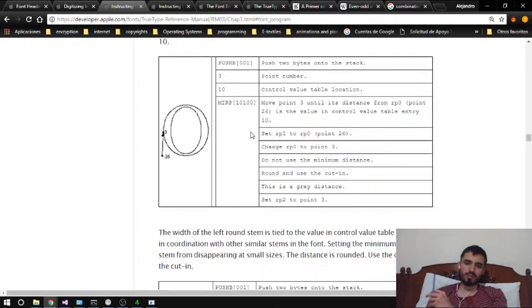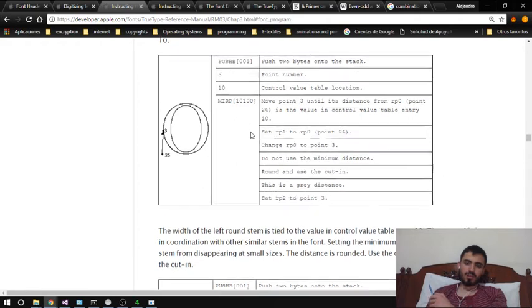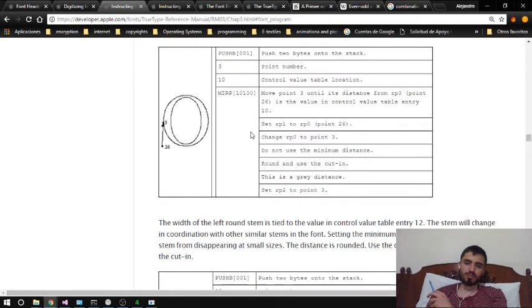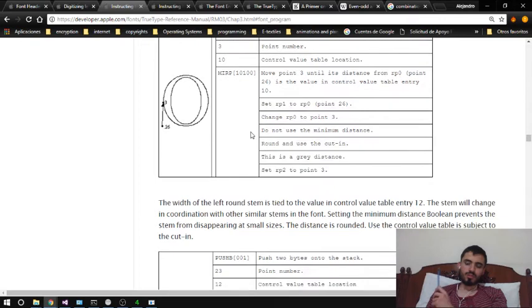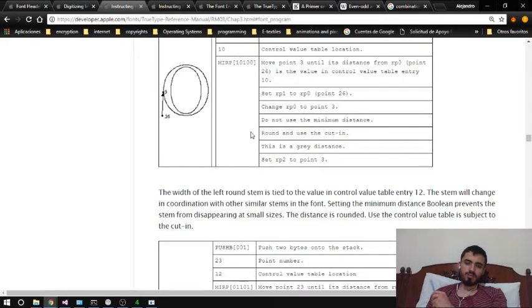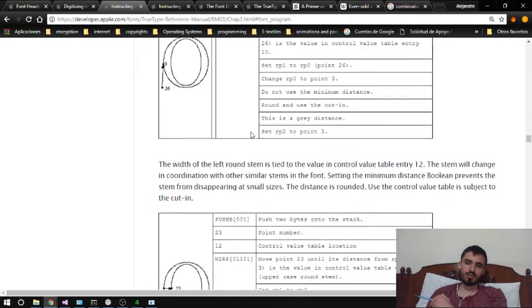Move point 3 until its distance from RP0 is the value in control value table entry 10. Set RP1 to RP0. To point 3, do not use the minimum distance. Round and use the cut-in. This is a great distance. Set RP2 to point 3.